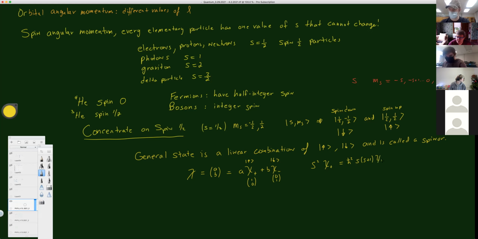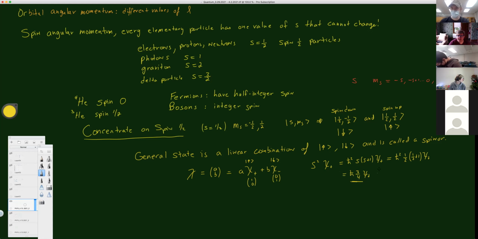And so this is going to be h bar squared times 1/2 times 1/2 plus 1 chi plus. And that's going to be h bar squared, this is 3/2, so it's going to be 3/4 chi plus. And this eigenvalue never changes. This is what it is for s squared, because it only depends on s.